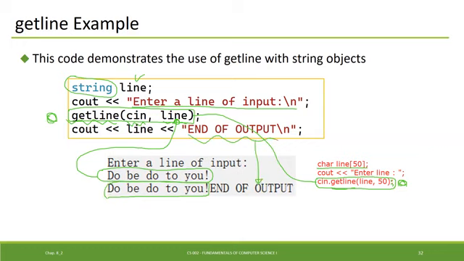Is it okay? This is very important, because sometimes in my CS3A class, many students don't remember how to use getline. Memorize this. Any question about getline for the string and the C string?